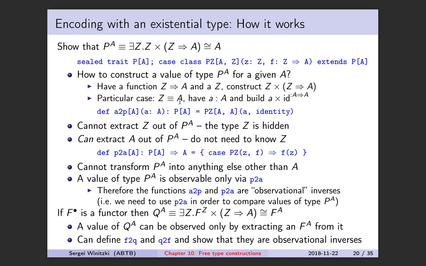And so for this reason, the functions A to P and P to A are inverse to each other when we use P to A in order to compare any values of type PA. So this can be shown relatively easily if you, for example, take a composition of A to P and P to A in one or another direction, and you can substitute the code.